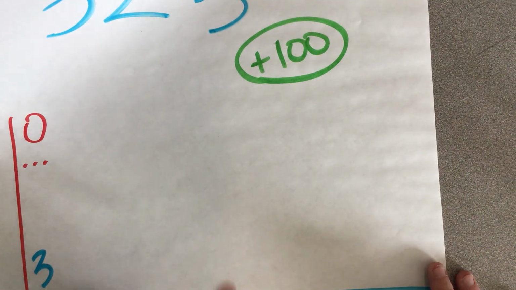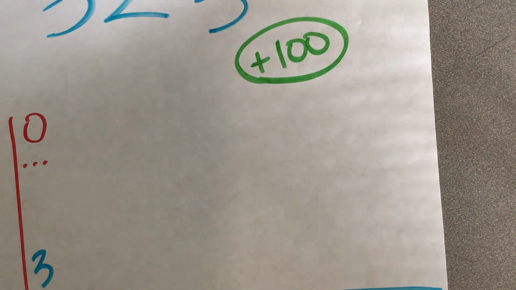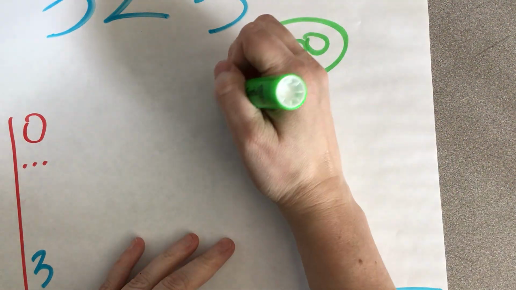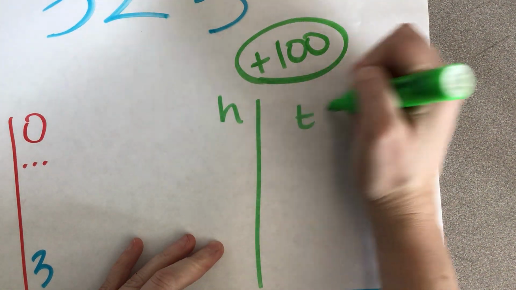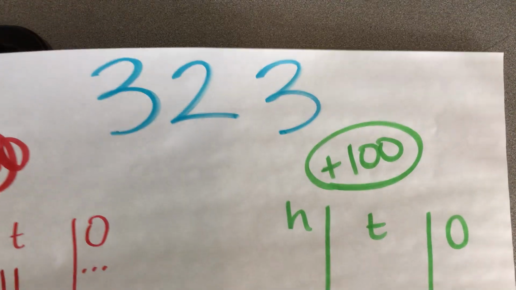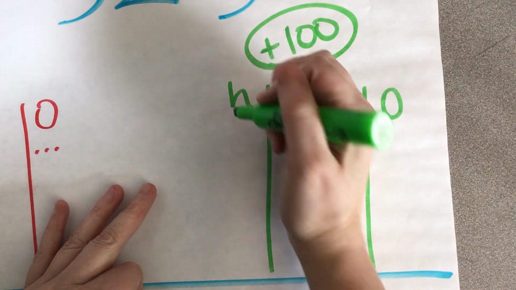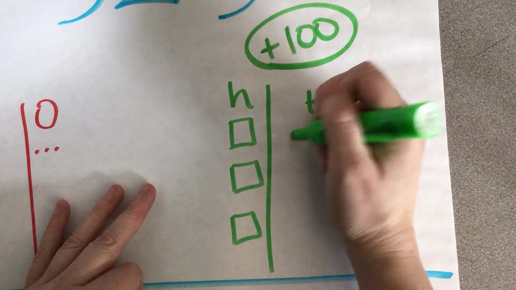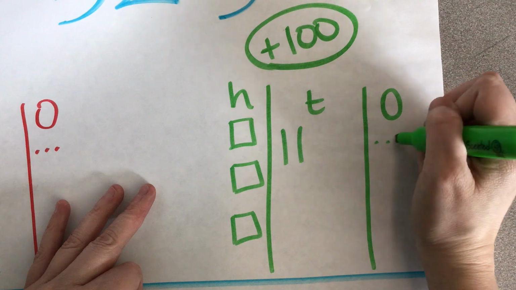Okay? On this side, instead of 10 more, we're looking at 100 more. So I'm going to draw my place value chart, hundreds, tens, and ones. Okay? And I'm drawing my original number, which is 323. I'm going to draw 3 hundreds, 2 tens, and 3 ones.